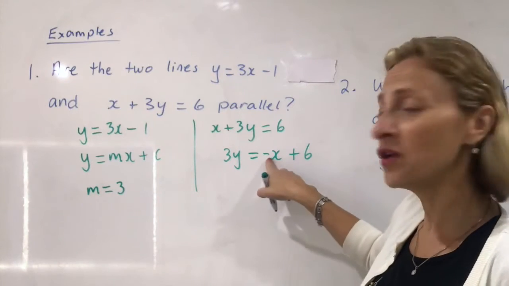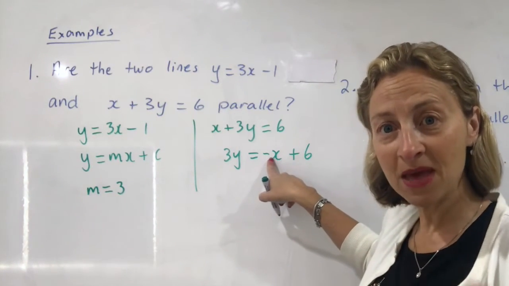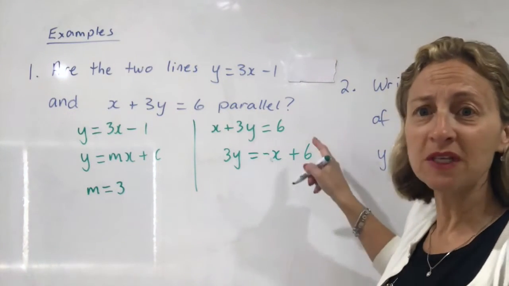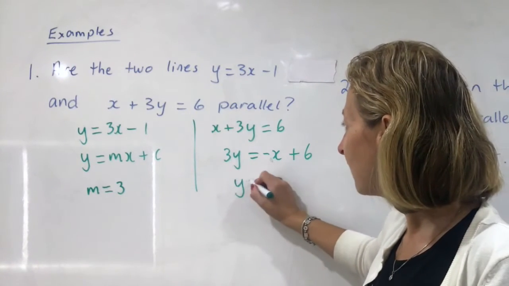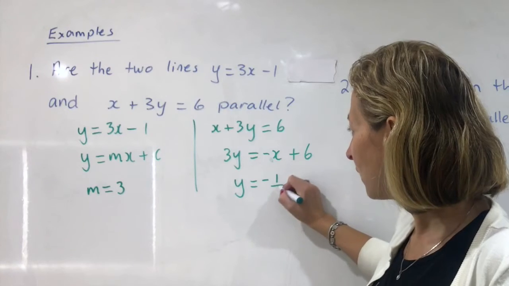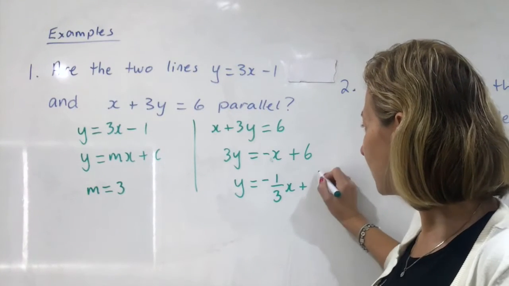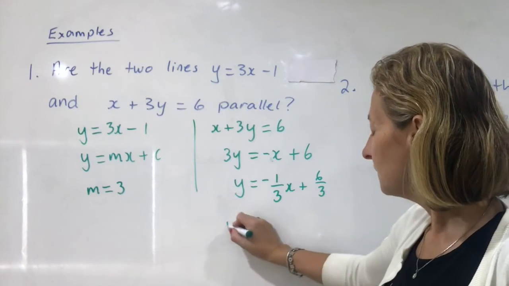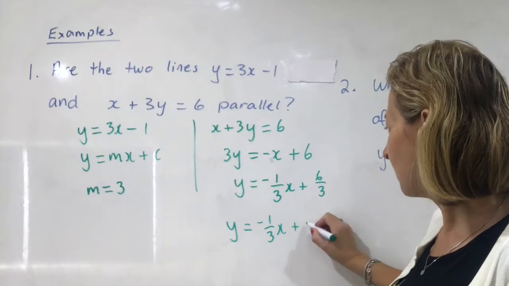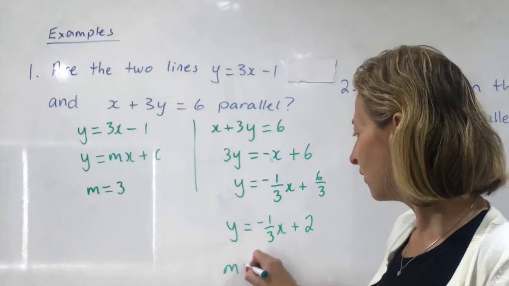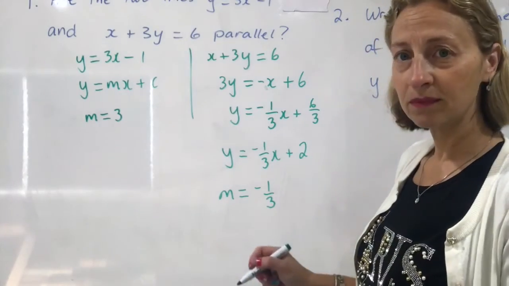I like to put it first because I want it in the form mx plus b. If you want to put the 6 minus x and then rearrange it, that's fine too. And then I need to divide everything by 3. So that's a 1 over 3, and that's a 6 over 3. So I have minus a third x, plus 6 divided by 3 is 2, so I know the gradient is minus a third.